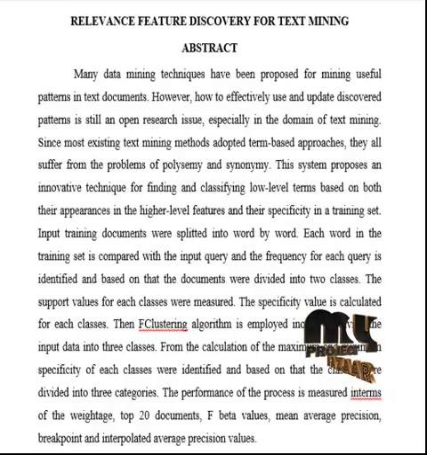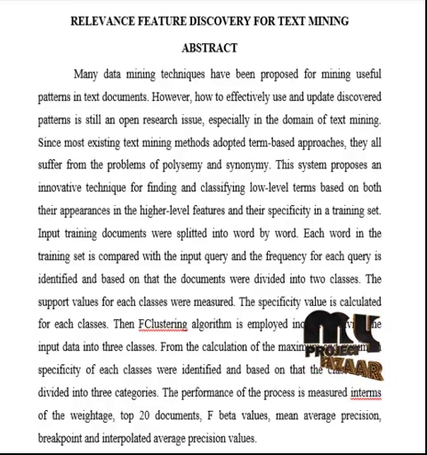Many data mining techniques have been proposed for mining useful patterns in text documents. However, how to effectively use and update the discovered patterns is still an open research issue, especially in the domain of text mining.